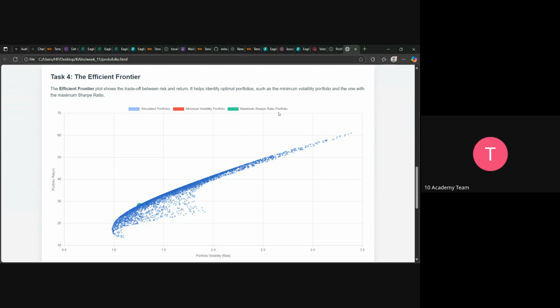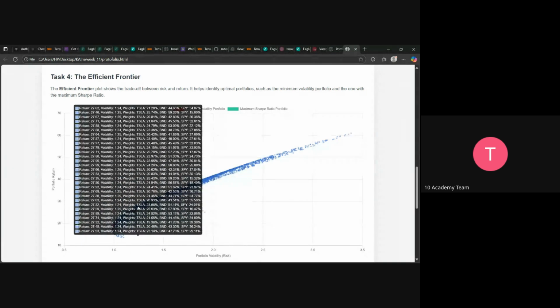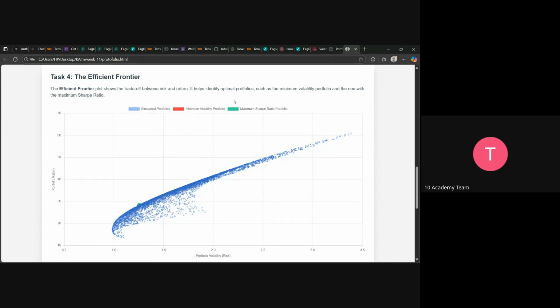We'll just say that we have a higher return, even if there is a risk, we have a higher return for this specific risk. Here we have scatter plots. Each scatter point shows a specific portfolio with its return and its volatility.